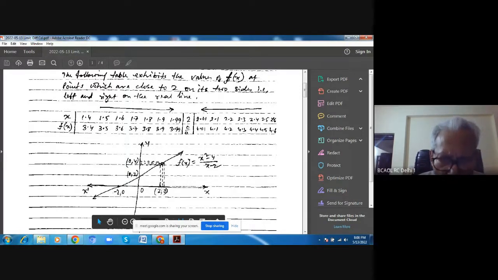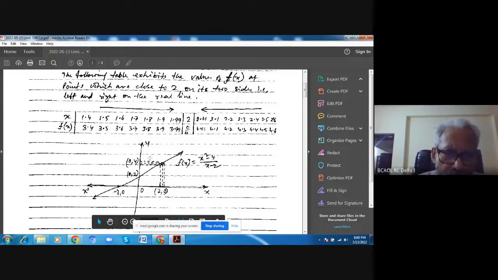So the limit on the right hand side is positive 2 and the left hand side is on the negative side, that is -2. In this x-axis we are considering the x value, where 2 is the maximum from the right hand side and from the left hand side, from the negative, and this is positive.